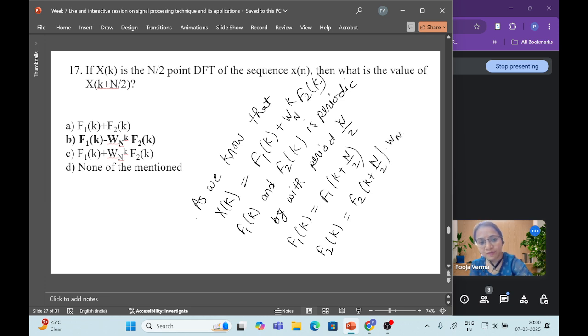In that case, F2(k + N/2) will be there, right? Already we have solved this: the W_N^k factor will be there, and that is multiplied by minus 1. So if you further do that, you get F1(k) minus W_N^k F2(k). So X(k + N/2) you will get this one, that is equal to option B.